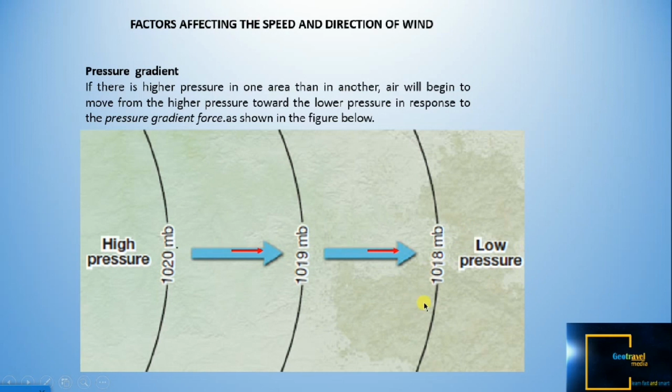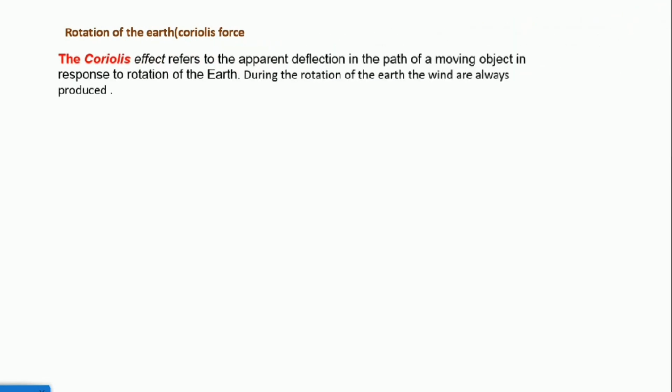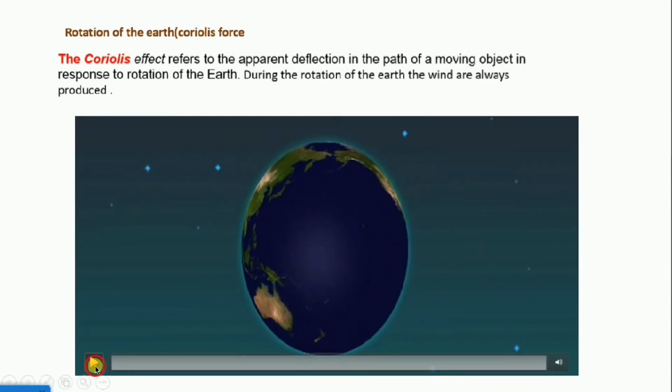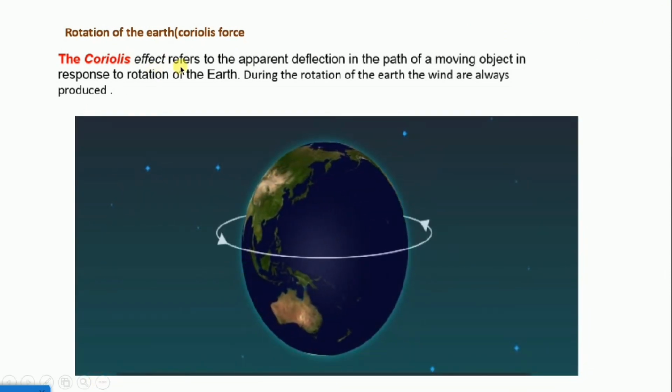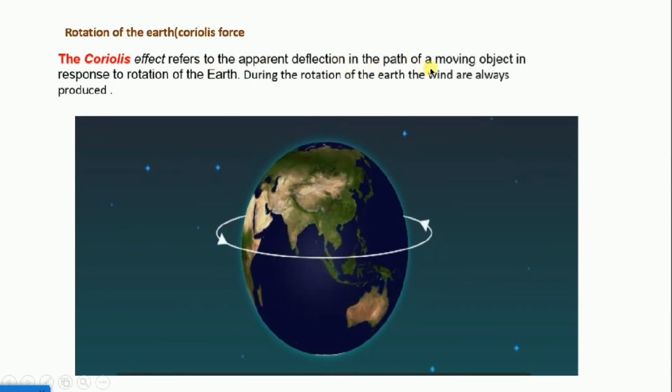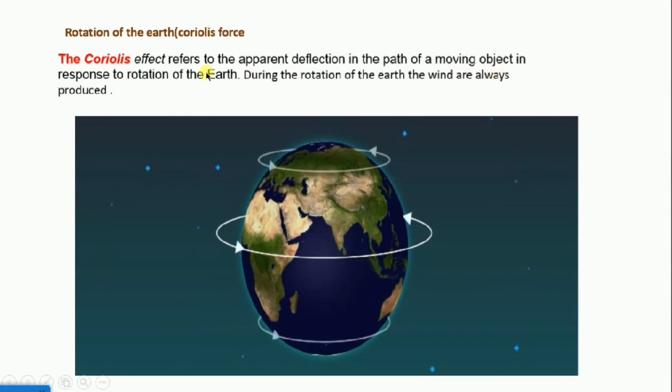Another factor which affects the direction and speed of the wind is the rotation of the earth, or Coriolis force. Coriolis force refers to the apparent deflection in the path of a moving object in response to the rotation of the earth.